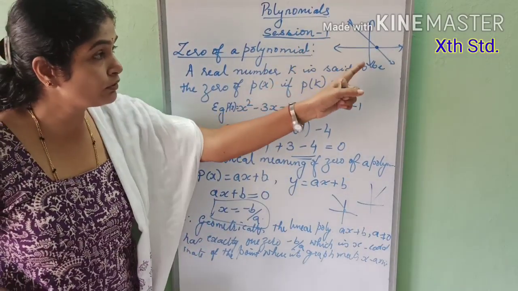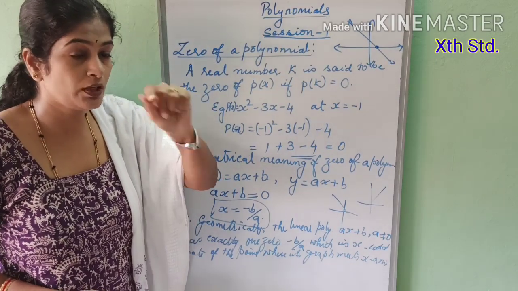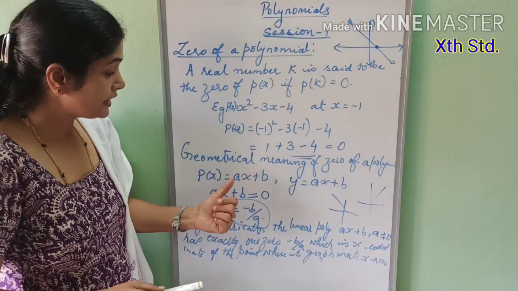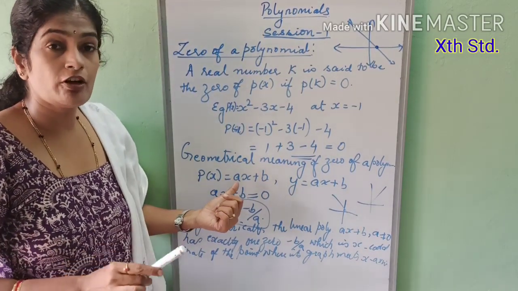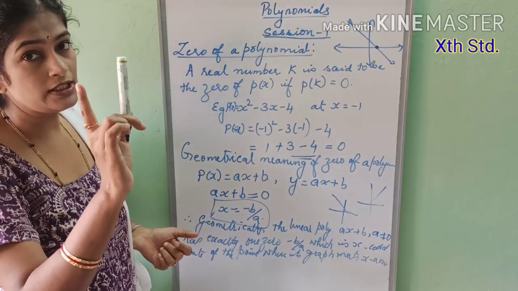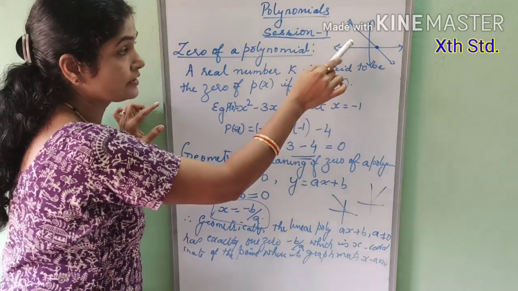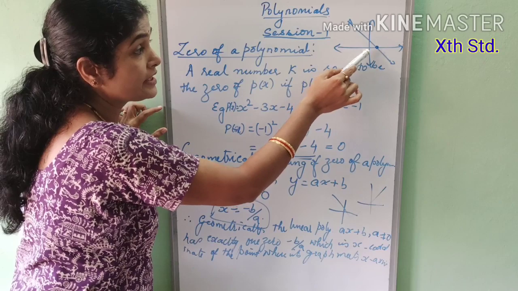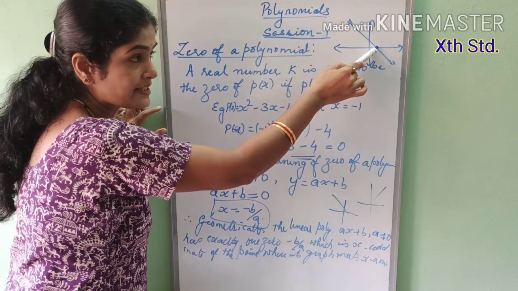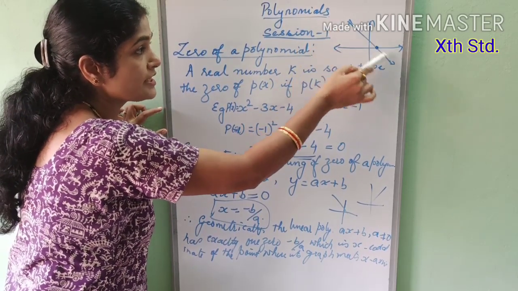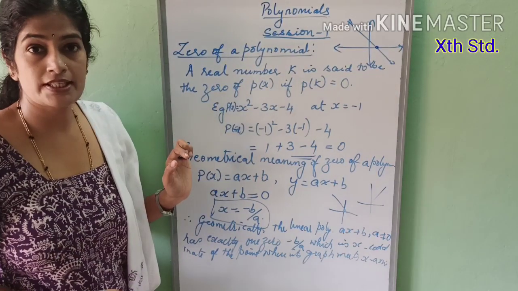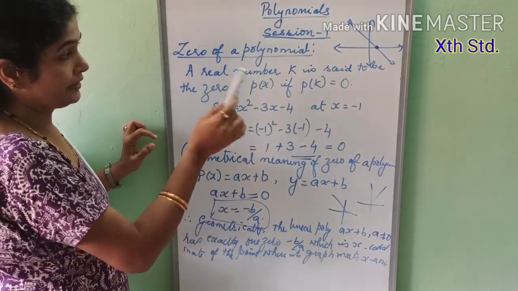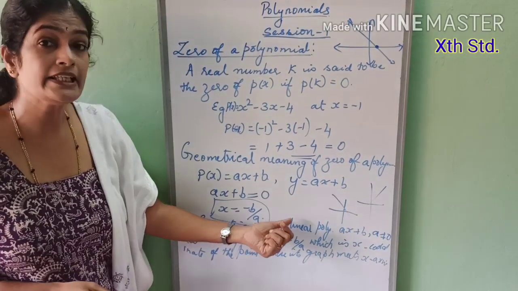Exactly at one point it will intersect. That is, the linear polynomial has exactly one solution, which is that point on the x-axis where it intersects. Is it clear to you? Okay, this is for the linear polynomial.